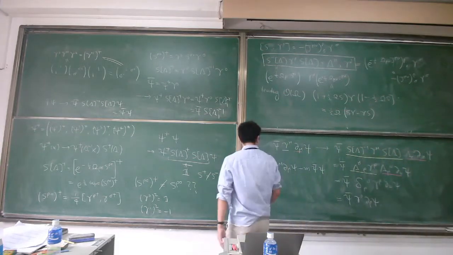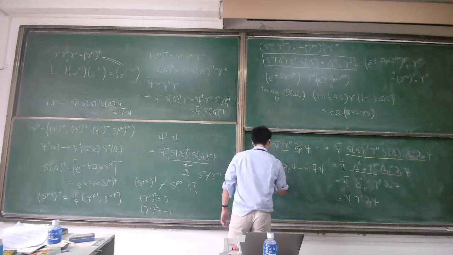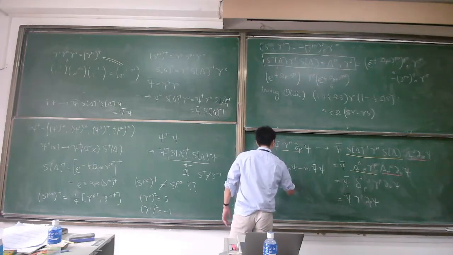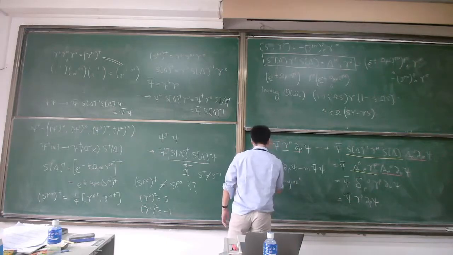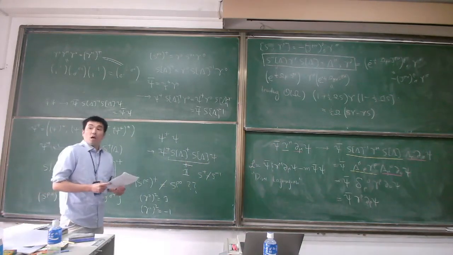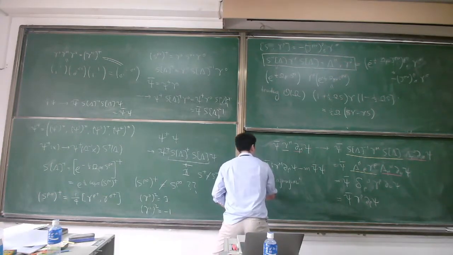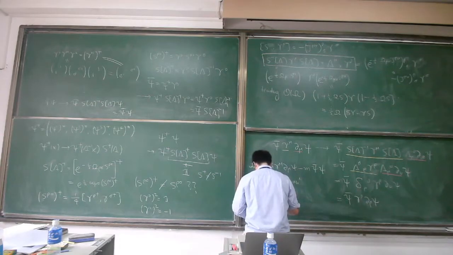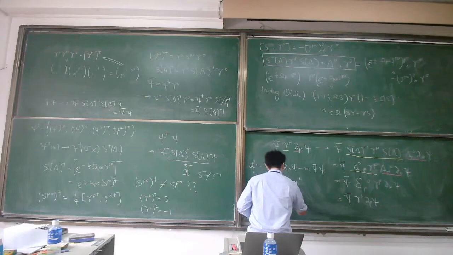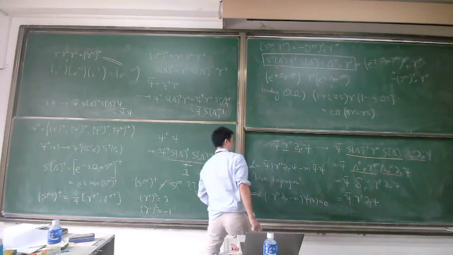And this is called the Lagrangian. And then the Euler-Lagrange equation is very simple. If you take the derivative with respect to psi bar, what we get is (i gamma mu partial mu minus m) psi of x is equal to 0. So this is called the Dirac equation.